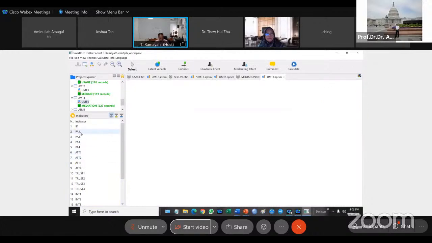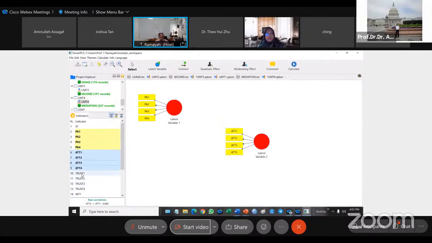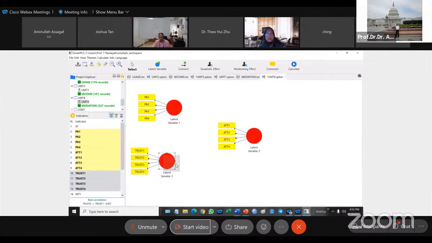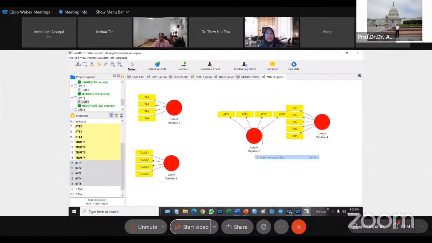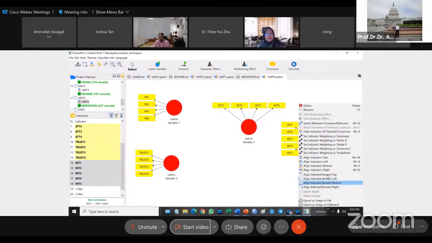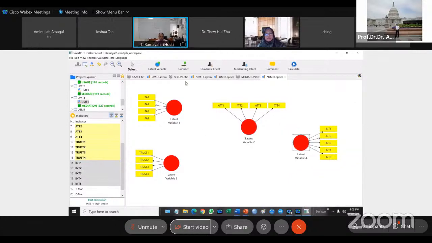So we will take authentication, attitude is here, trust is somewhere here, and then we have intention. So we can connect these variables.